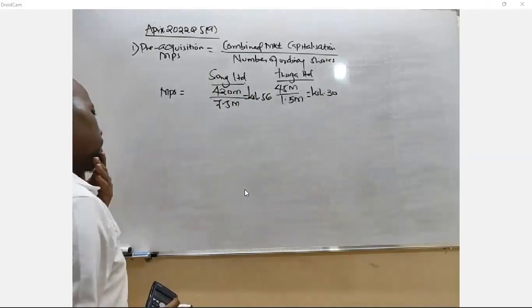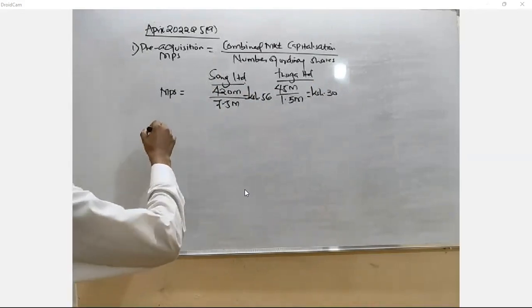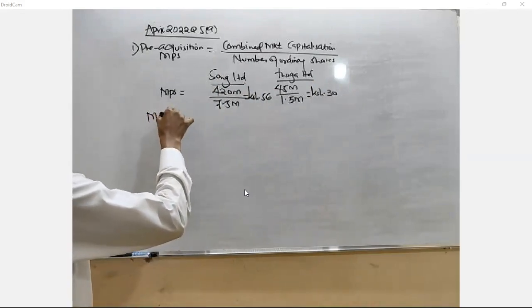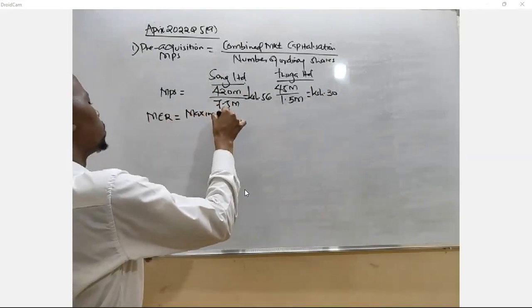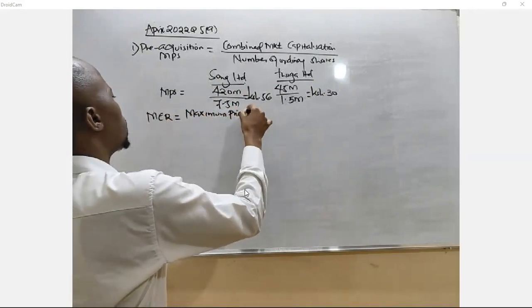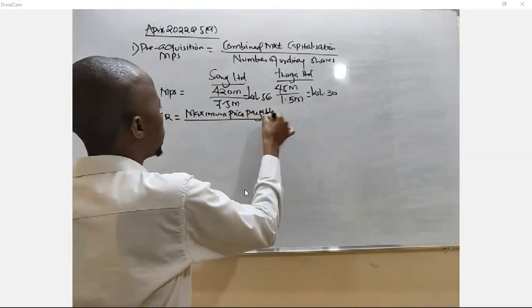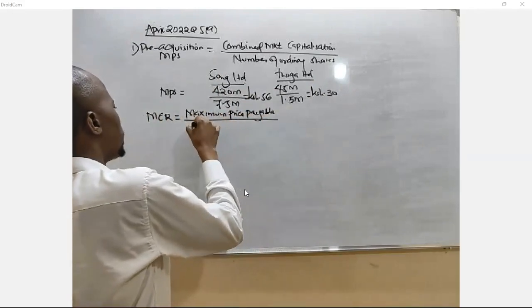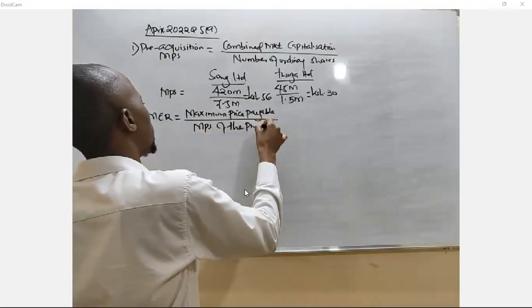But having finished here, it is good to also get the maximum exchange ratio because we are going to be using it under requirement part 2. What is the maximum exchange ratio? We normally take the maximum price payable and divide it by the market price per share of the predator.